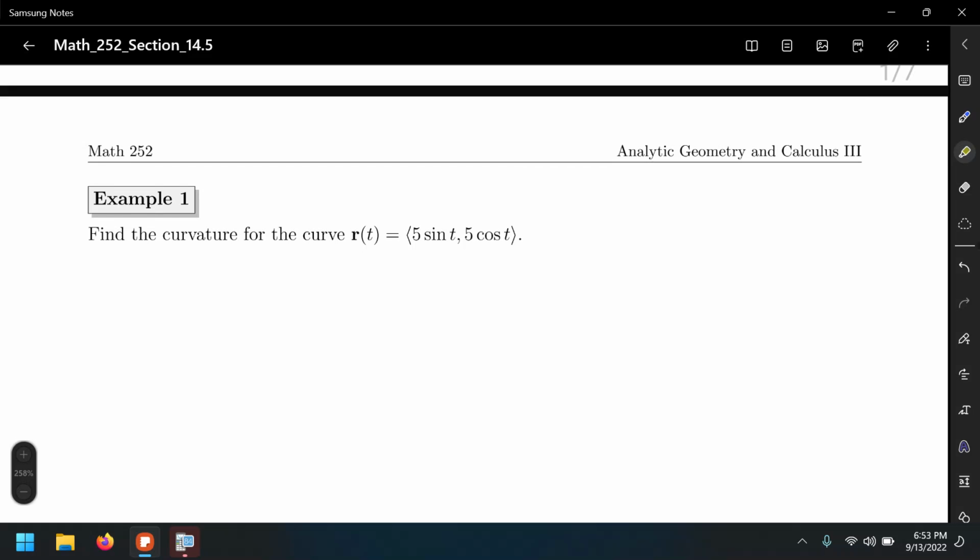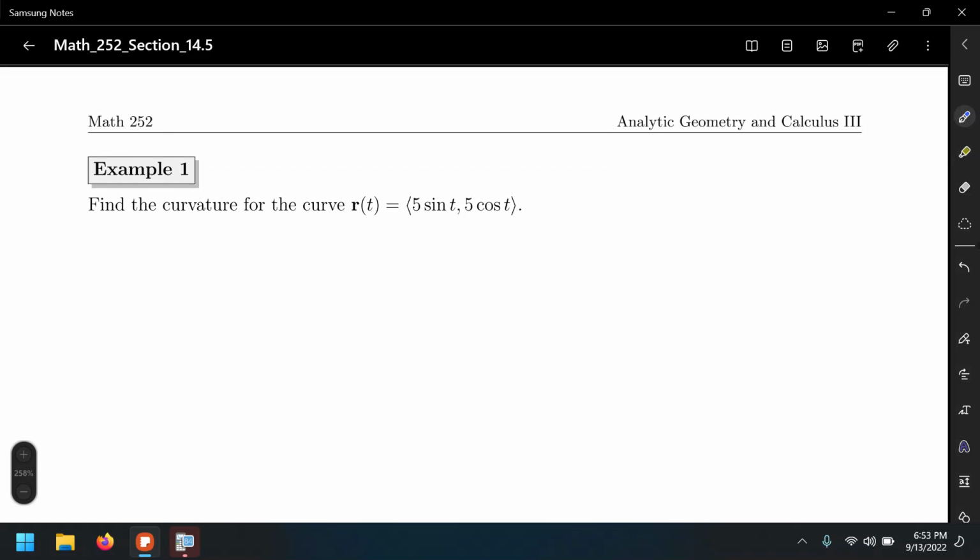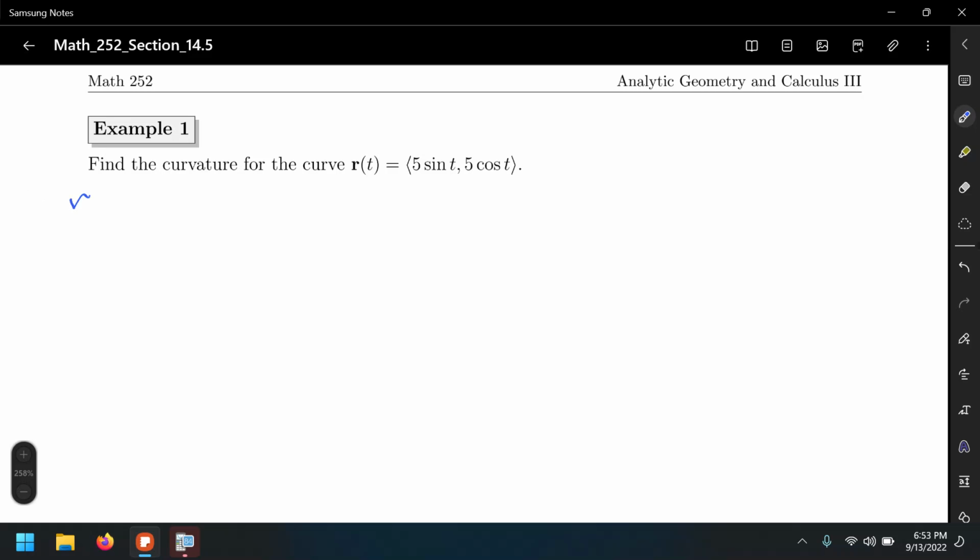So number one, let's start by finding the derivative of the vector valued function, r prime of t, and that's the derivative of 5 sine, that's 5 cosine t, and negative 5 sine t. Okay, so we need to find this derivative.